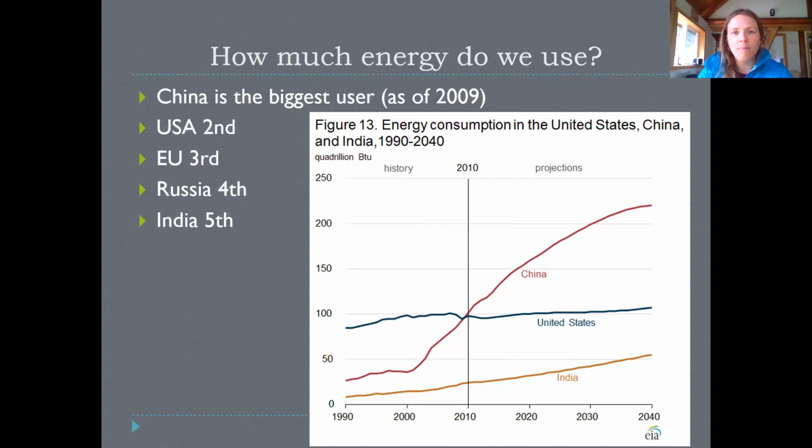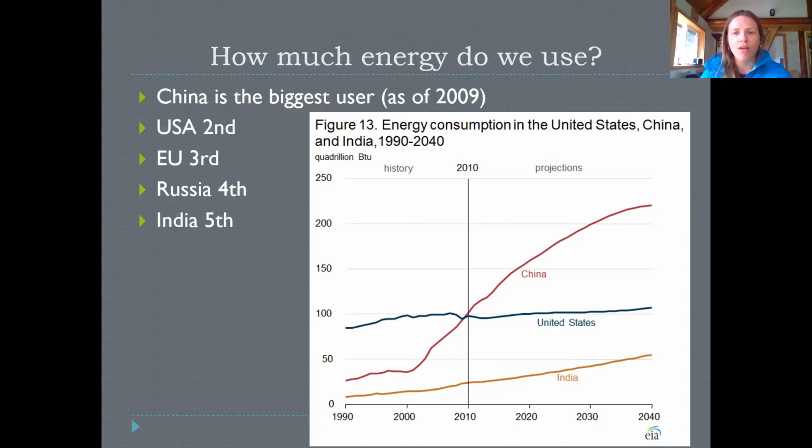Okay, so this is a picture showing different countries' use rather than global use of all fuel types. And you can see that originally the United States was out in front, but China, which has a much, much bigger population than we do, I can't quote off the top of my head, but maybe at least 4 times as many people as we have in the United States, has taken off.